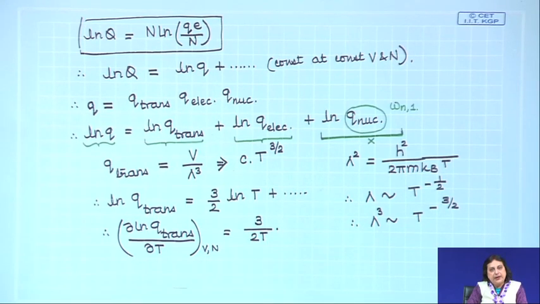In the next part of my lecture, I am going to use this kind of result to express the contribution of the overall translational motion to the internal energy of the system. Thank you.